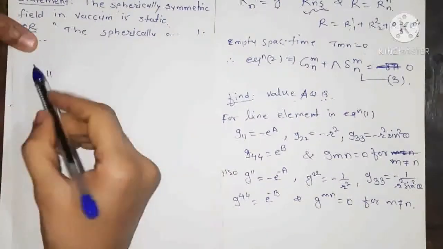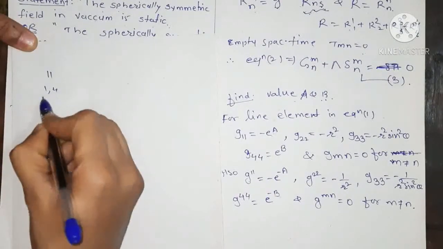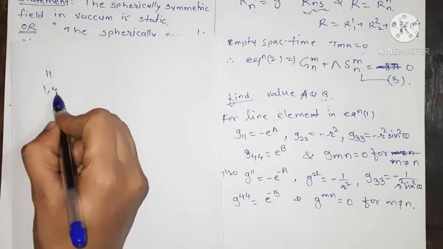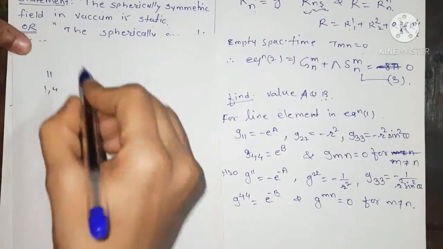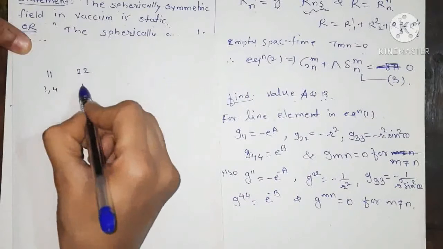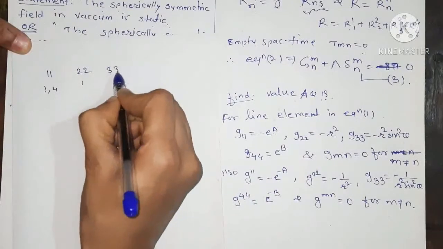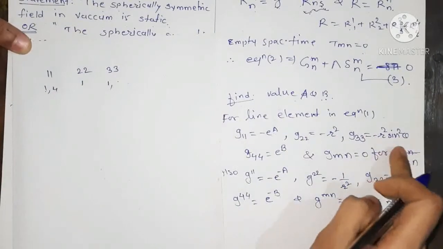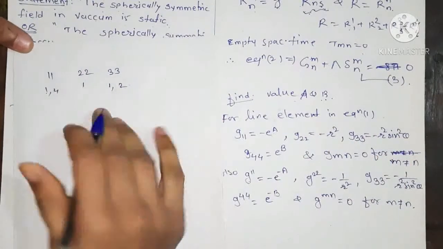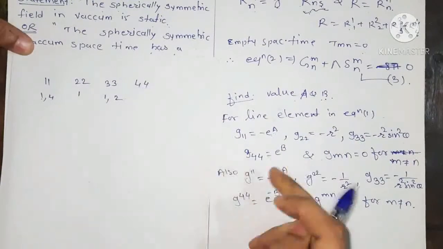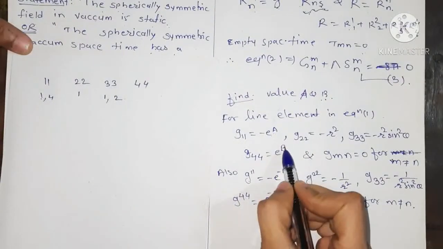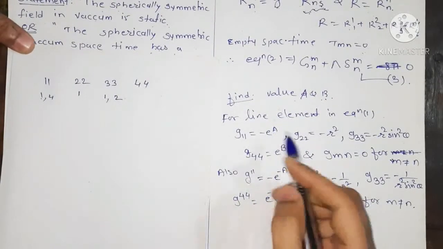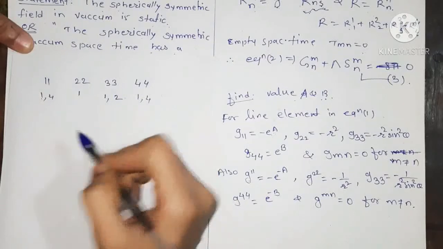Therefore, 1 1 depends on 1 and 4, that is the r coordinate and the fourth coordinate, which is our time coordinate. 2 2 depends on 1, and 3 3 depends on 1 and 2, that is r and theta. And 4 4 is e to the power b; b is a function of r and t, so 4 4 depends on 1 and 4.